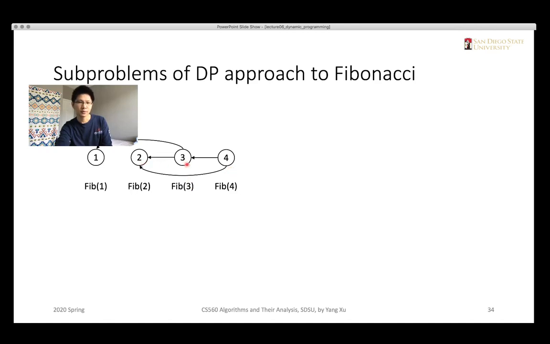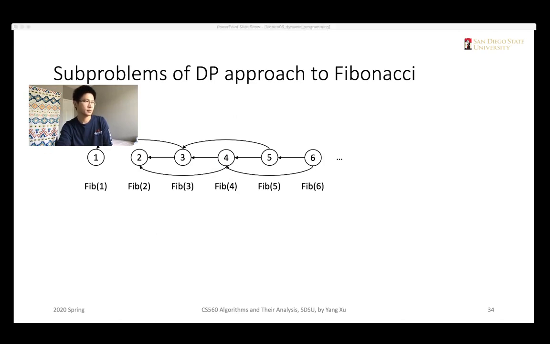Okay, but you will reuse the previous results, and you don't need to draw new branches from 4 to 2. So this connection from 4 to 2 is the old node that is already referred to by node 3. Okay, and so on. So this is the subproblem dependency in the Fibonacci problem. Okay, so that's it for another technique of analyzing the DP algorithm.